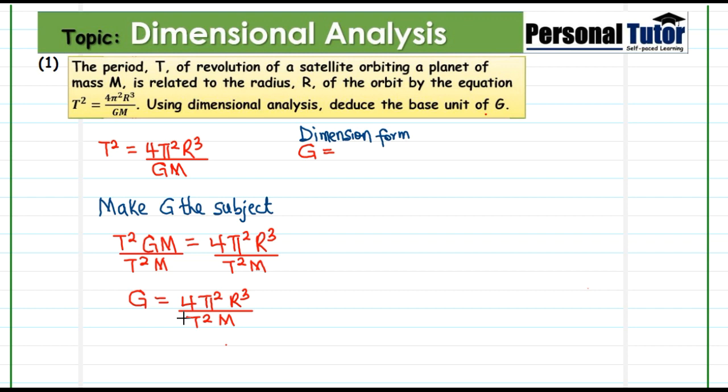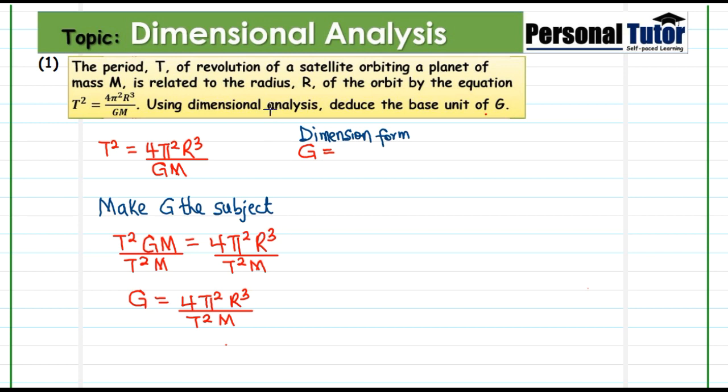So G equals 4. 4 is a number and it is dimensionless, so ignored. Pi squared. Pi is also a dimensionless constant and hence ignored. R cubed.